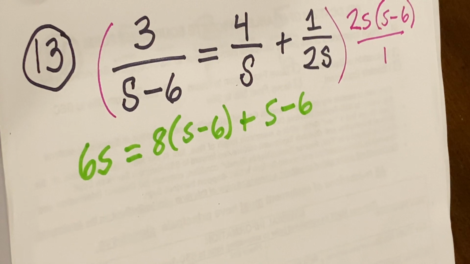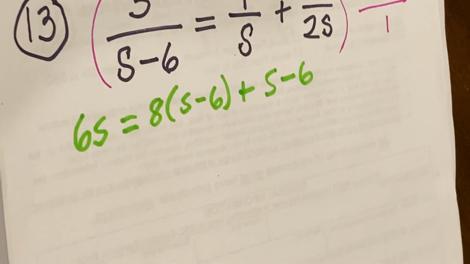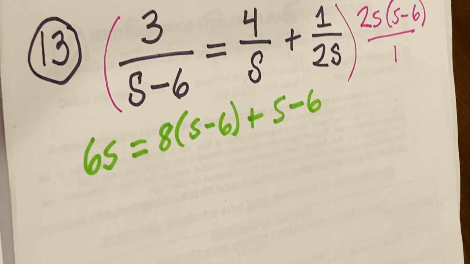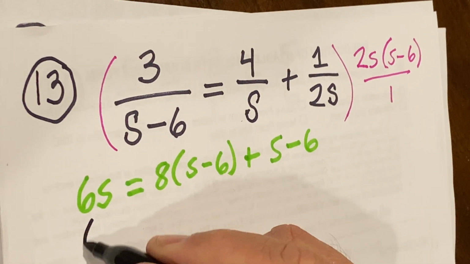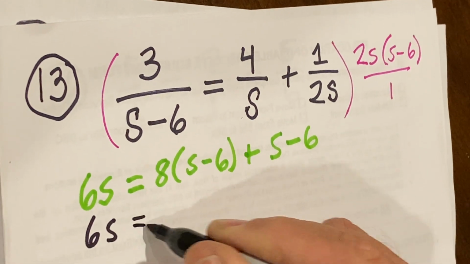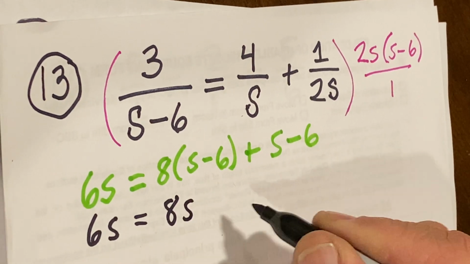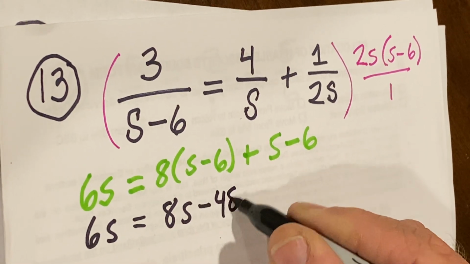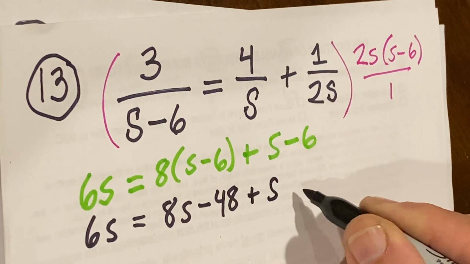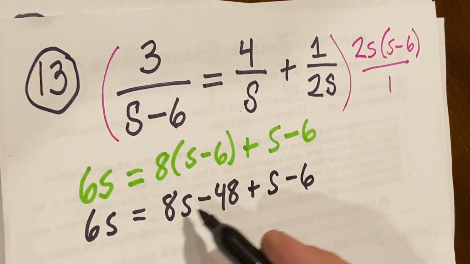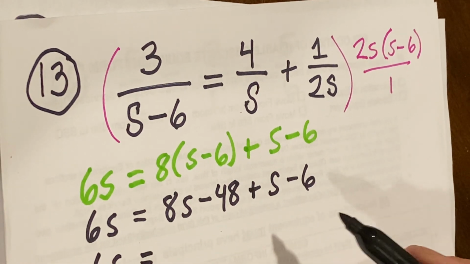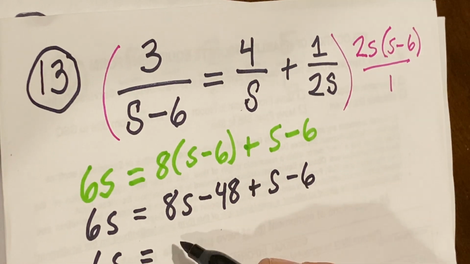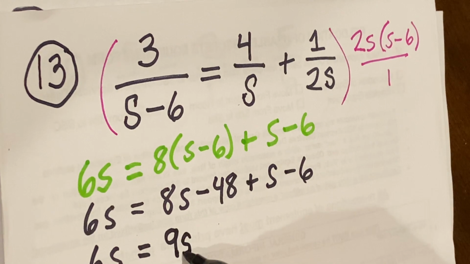Okay, so the next step is to distribute that 8 right there. So I'm going to get 6s equals 8s minus 48 plus regular s minus 6. Now, this side will still simplify. 6s equals 8s plus one more s is 9s.